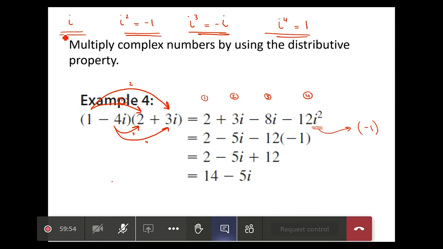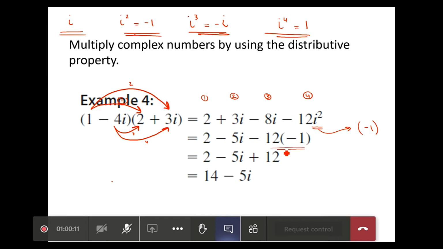Why? Because we need to remove i squared and put negative 1, remove i to the power 3 and put negative i, remove i to the power 4 and replace with 1. So i squared equals negative 1. Look at this.